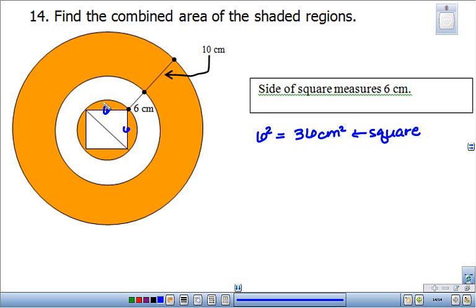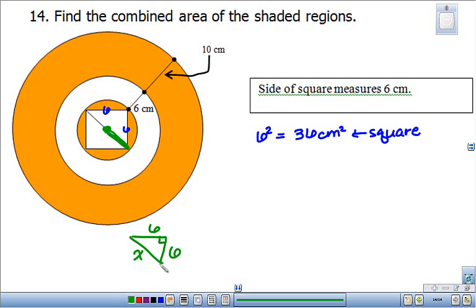Okay, this outer circle here, we are going to need to know the radius, which is from the center out to the edge. We don't have that given to us, but we can use this right isosceles triangle that we created by cutting the square in half to get that length. If you look at this as half the square, we have 6 by 6, and we want to find this piece.